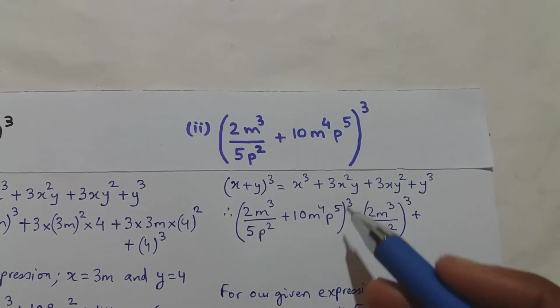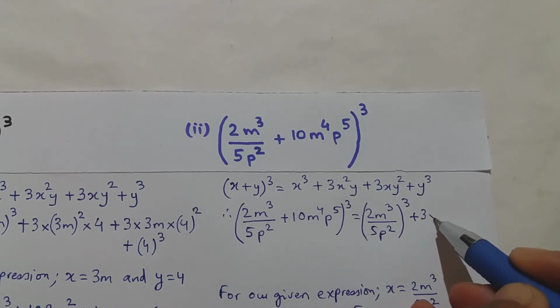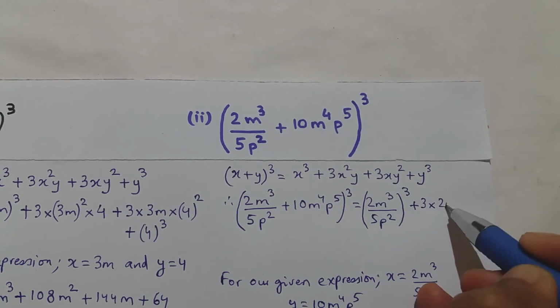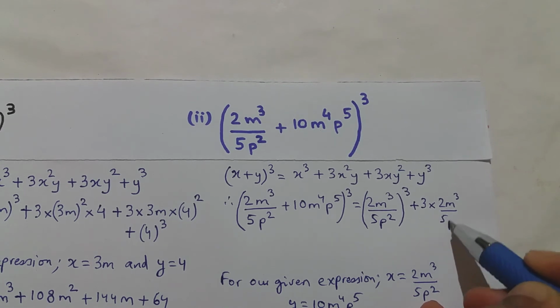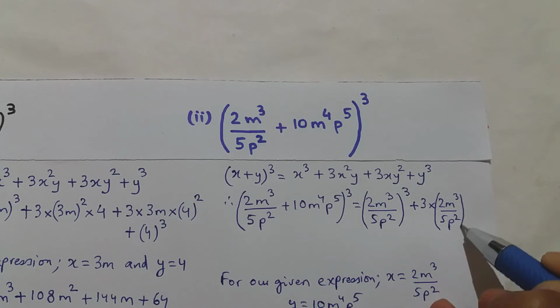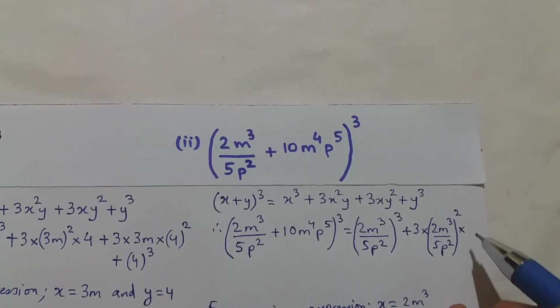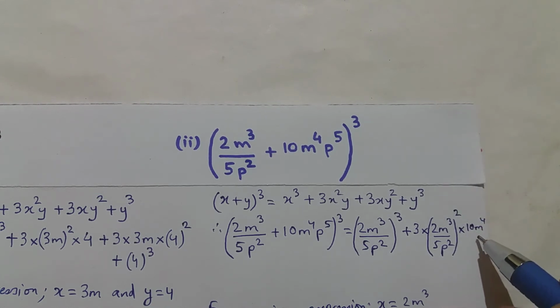So therefore 3x square y will become 3 into (2m cube upon 5p square) whole square into 10m to the power 4 p to the power 5.